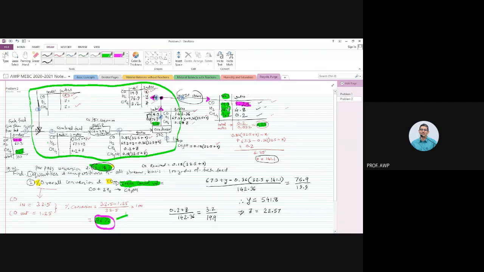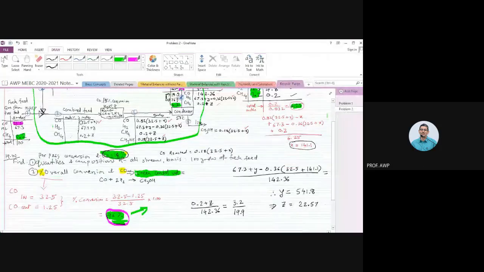This percent conversion would have gone up from 96 to maybe 97, 98. The constraint that we have been given is that the methane going out should be 3.2%. To that extent, we are allowing recycle. Had we allowed it to be more than 3.2%, maybe 4%, 5%, 6%, our overall conversion would have increased even more. Is that okay? Yes, sir.